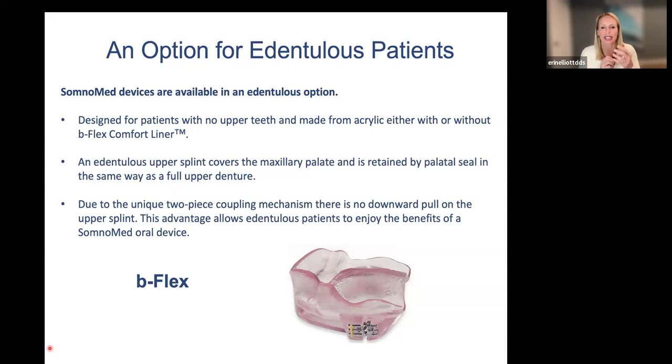What I recommend instead is taking the upper denture out and replacing it with an appliance that's similar in size and shape. So you'll replace the entire upper with the oral appliance itself. And it's similar to an upper denture. You're going to make sure you have the vestibules, you have a good impression of that, and a palatal seal, and it really is retentive.